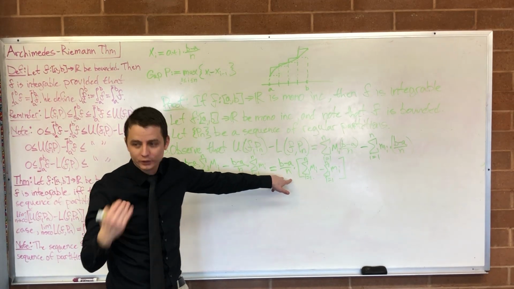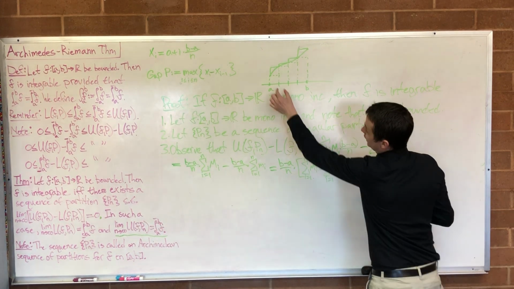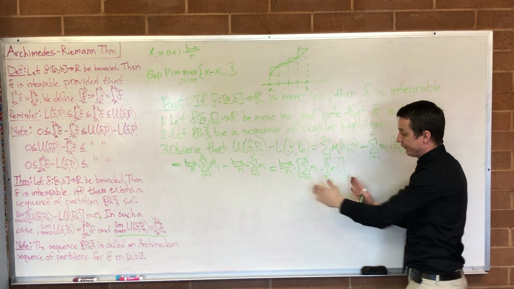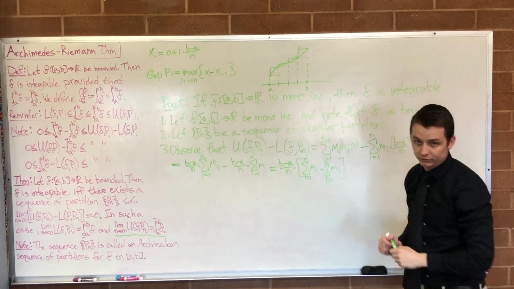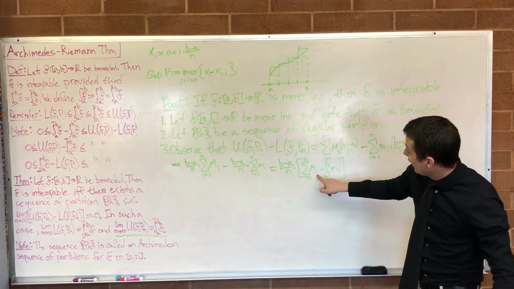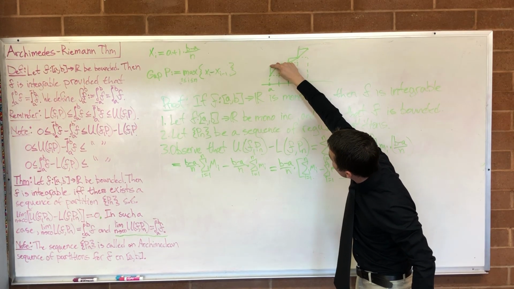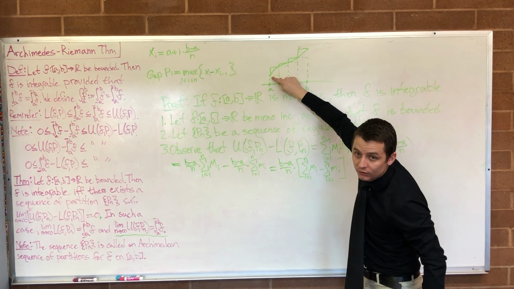So now, notice what we have is this distance times the difference of the height on each of the intervals. So when i is equal to 1, we're talking about big M sub 1 minus little m sub 1.